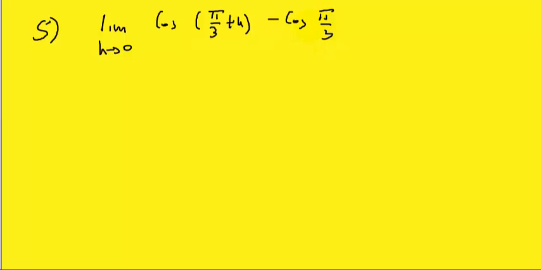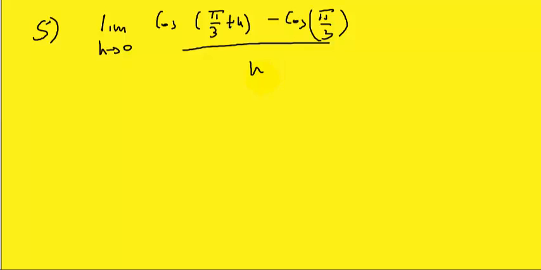Alright, number 5. Folks, they made it too easy on this one. It says limit as h goes to 0 of cosine of pi over 3 plus h minus cosine of pi over 3, all over h, exists.